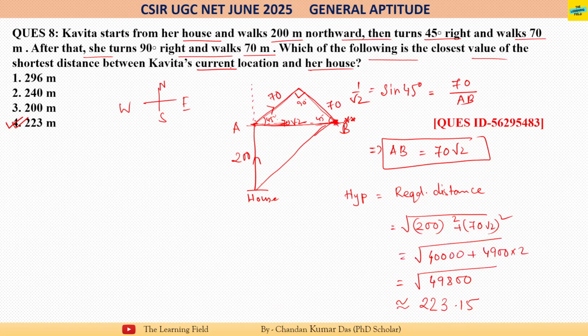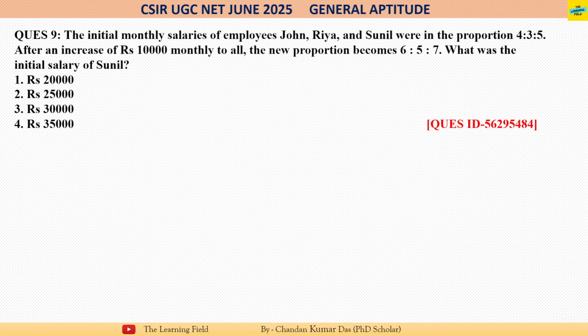Fine. Now next question. Question number 9 says that the initial monthly salaries of the employees John, Ria, and Sunil were proportional to 4 is to 3 is to 5. After an increase of 10,000 monthly for all, the new proportion becomes this. What was the initial salary of Sunil? Suppose their first salary was 4x, 3x, and 5x.